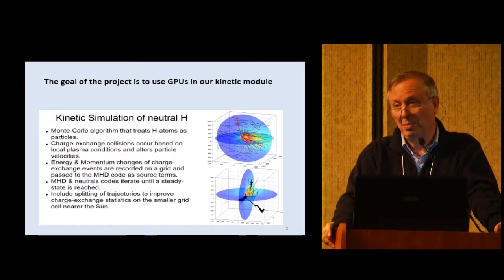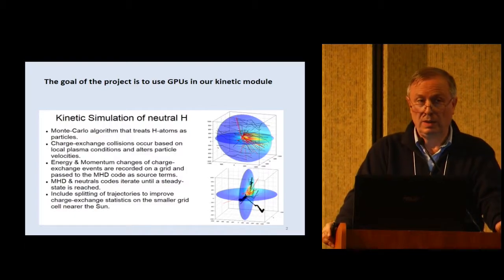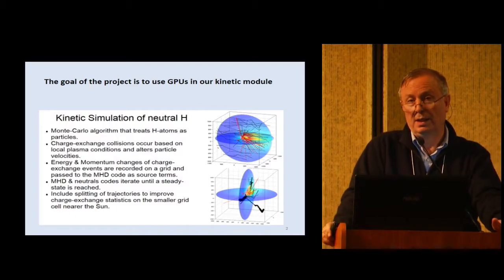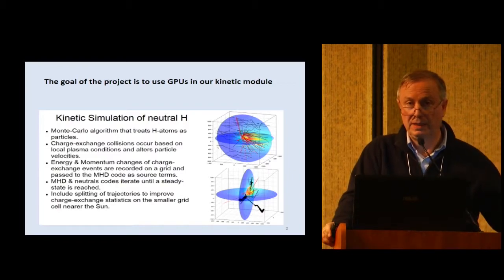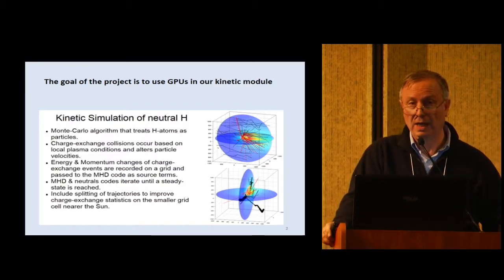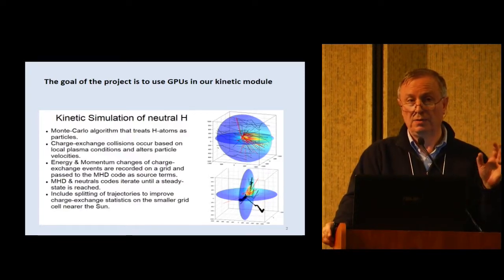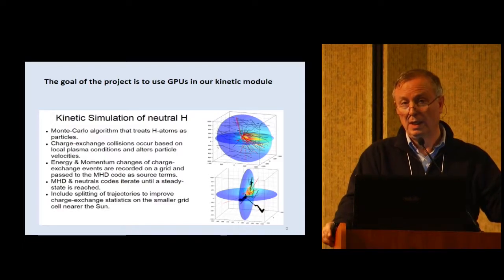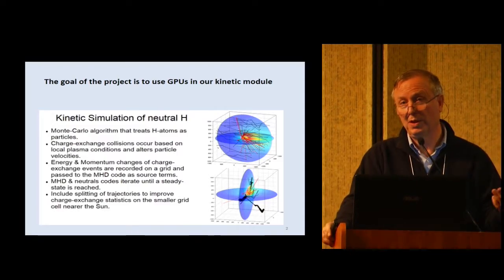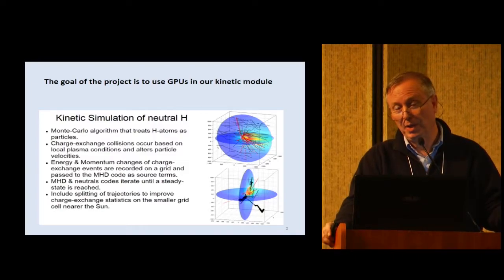The smallest is probably about 50 astronomical units, but it can be 100 in different regions, or 200, so pretty large. The computational box can also be very large. As I told you yesterday, it can be 20,000 astronomical units. But in reality, this is not what is important here. The distance from the Sun to the heliospheric termination shock is 100 astronomical units.